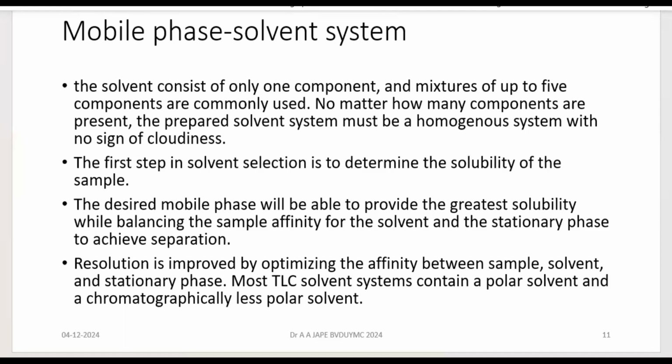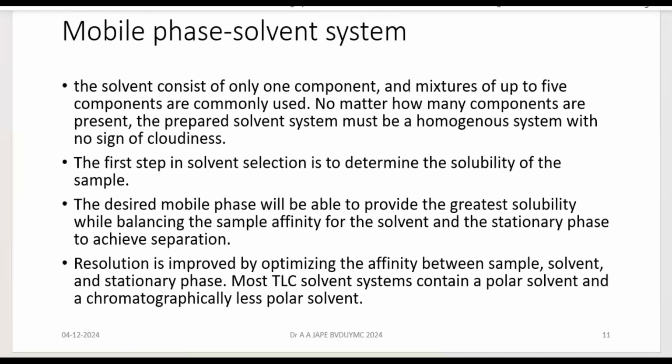One important consideration is to limit the number of components in the solvent system. As I said, generally up to 5, 6 solvents are mixed, but you have to choose the appropriate solvents while preparing the mobile phase.